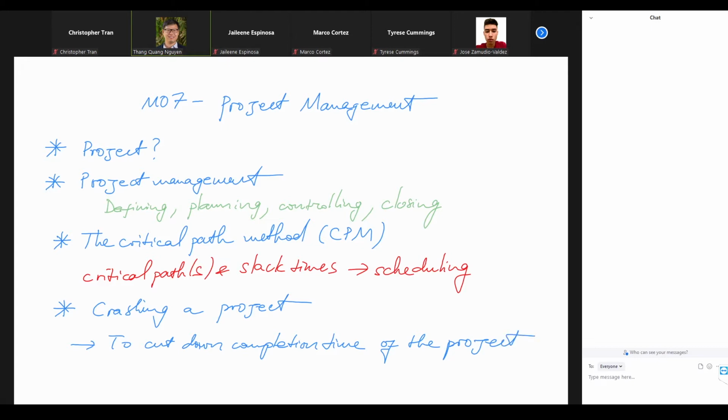Right, sometimes we need to meet an early deadline, something like that. So we have to cut down the completion time of the project and meet that new deadline, right? The question is how to cut down the completion time.